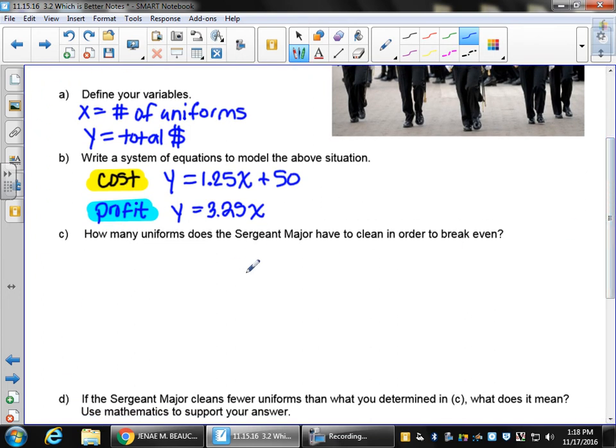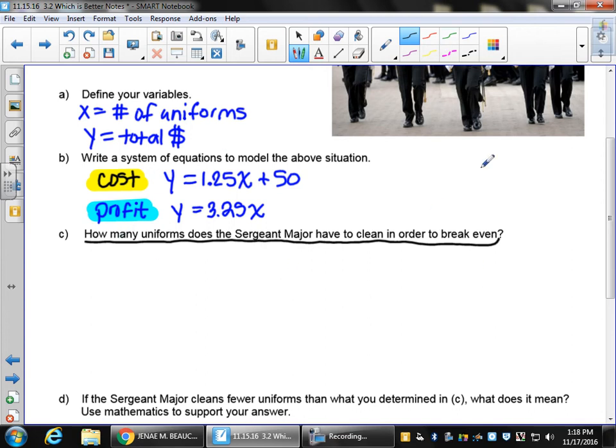So we're going to find out how many uniforms does the sergeant major have to clean in order to break even? To figure that out, we will set cost equal to profit.